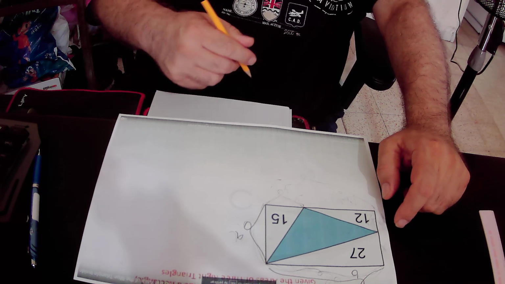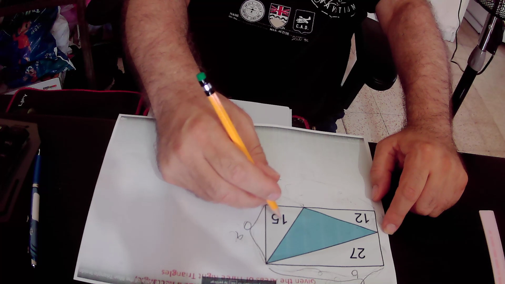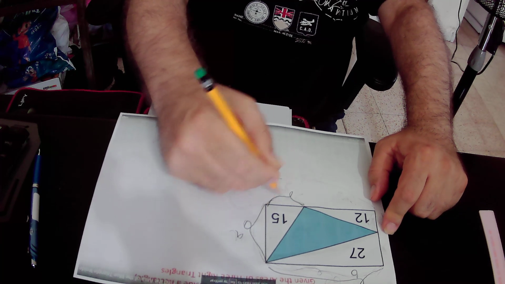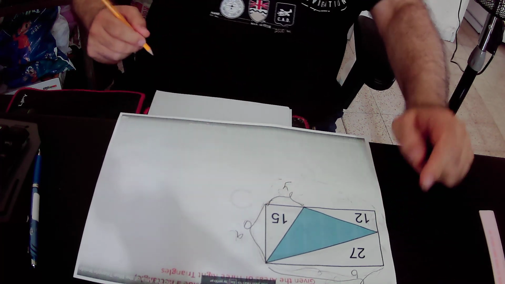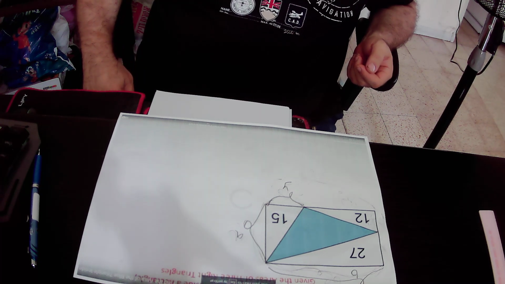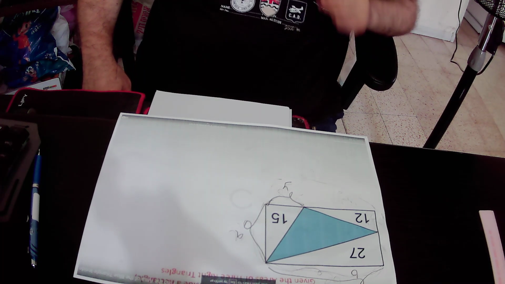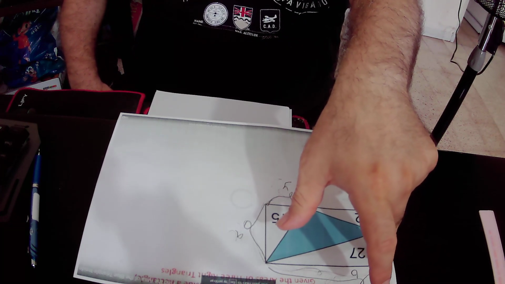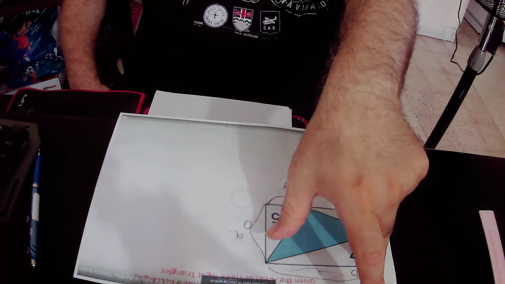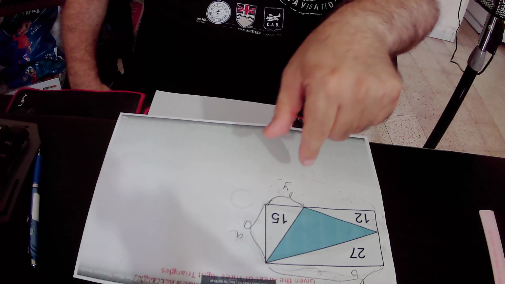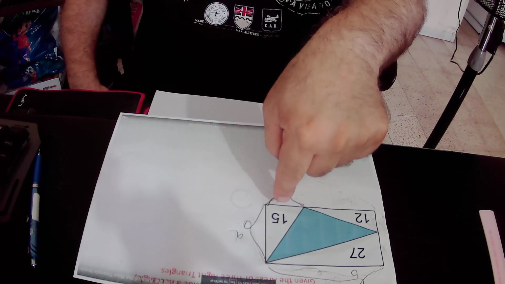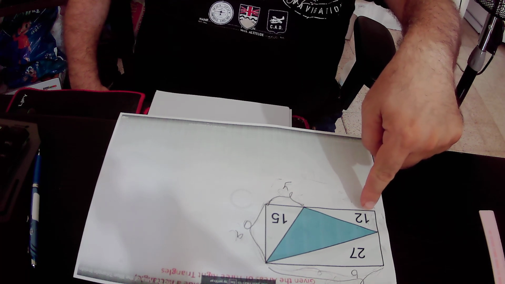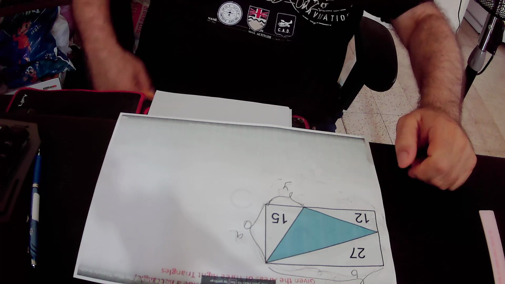Also we will define the base of this right triangle as Y, and the length of the rectangle minus the base of this right triangle will be equal to the base of this triangle, whose area is 12 units.